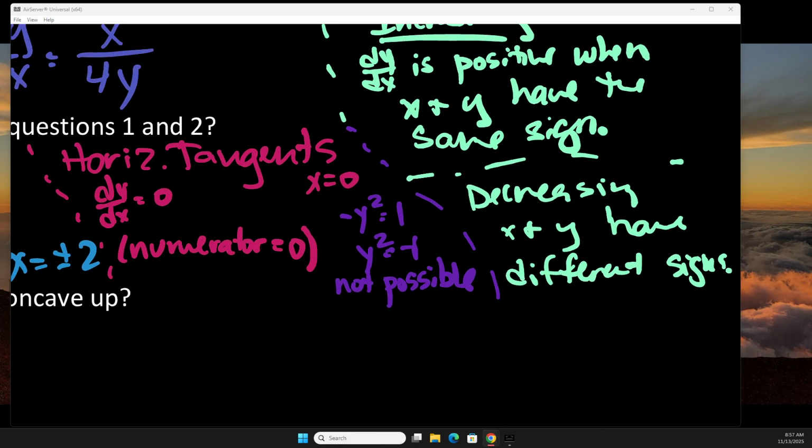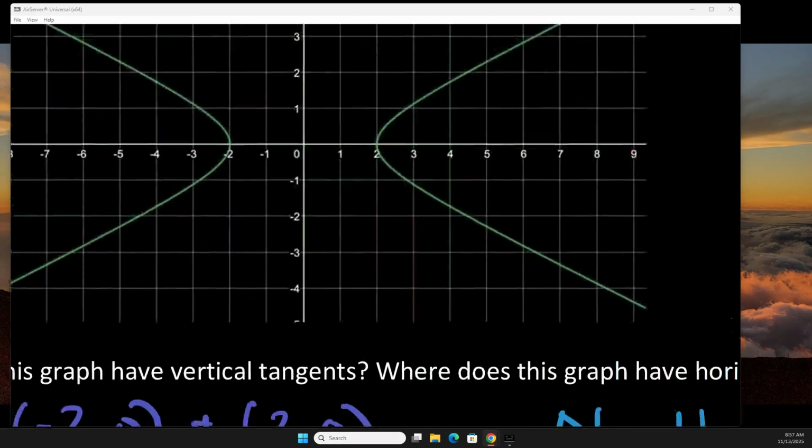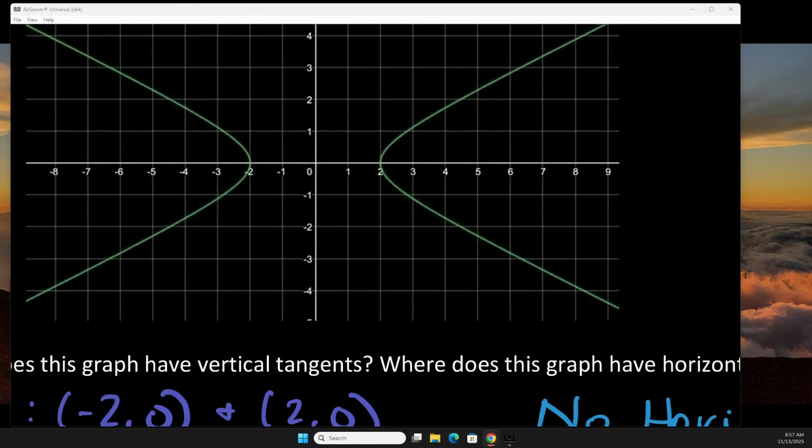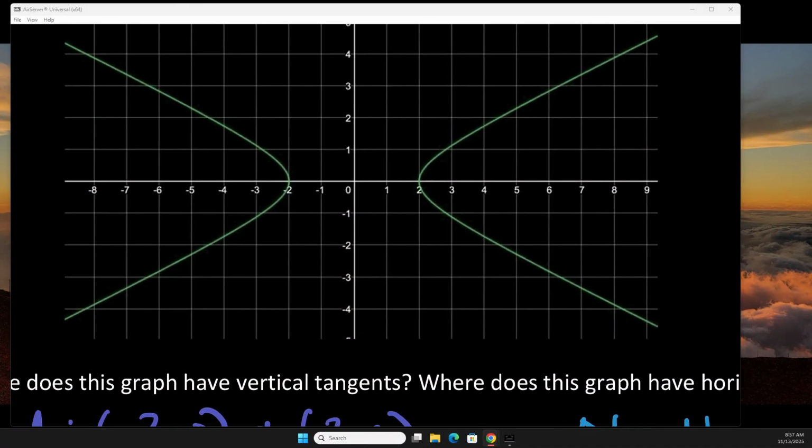And then for 5, when is the curve concave down and when is the curve concave up? So what do you guys think about down? Quadrant 2. Mm-hmm. So that's down? Quadrant 1. And that's down, good.